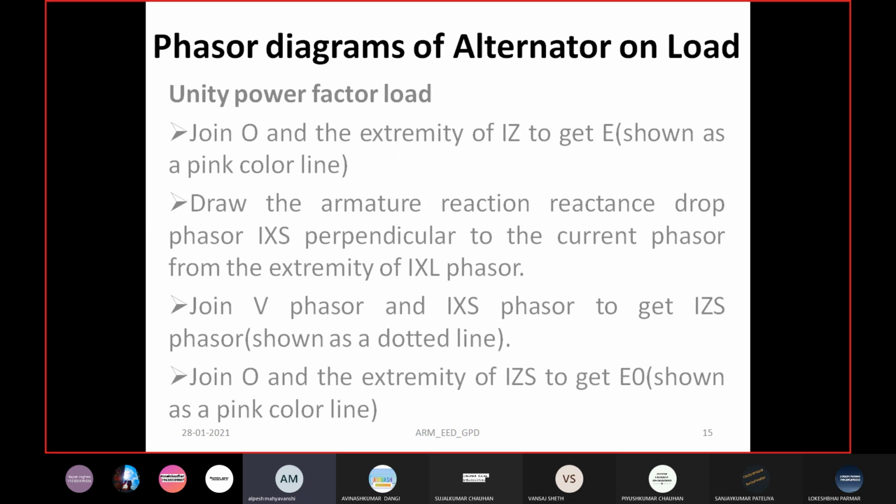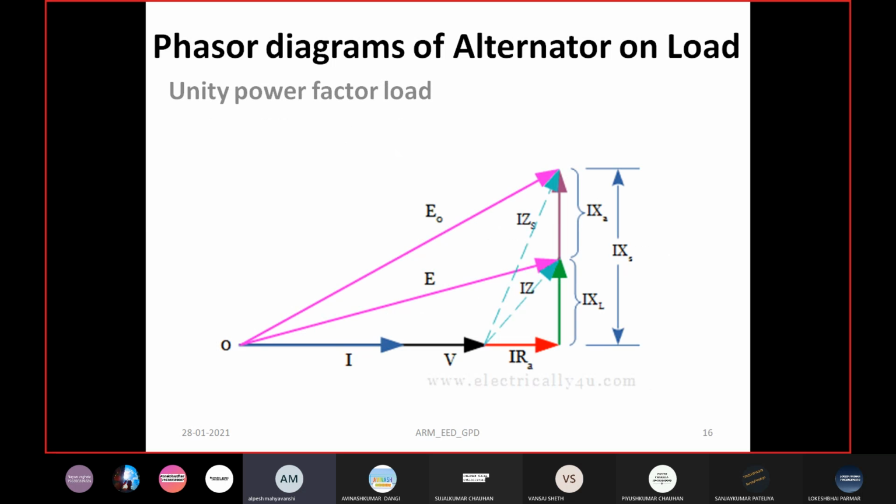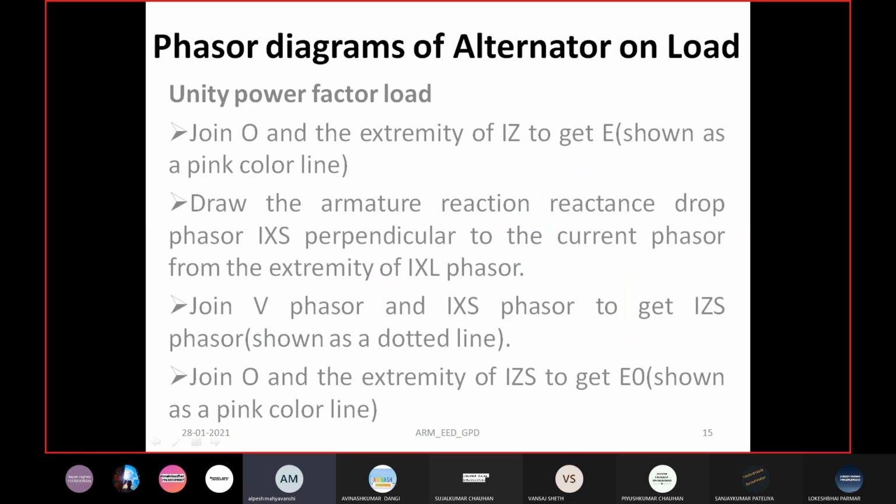Look at this phasor diagram. Here OA is the voltage phasor that is taken as the reference phasor.